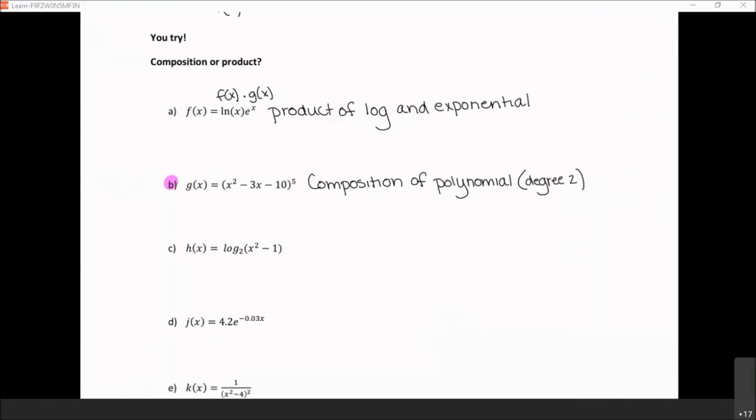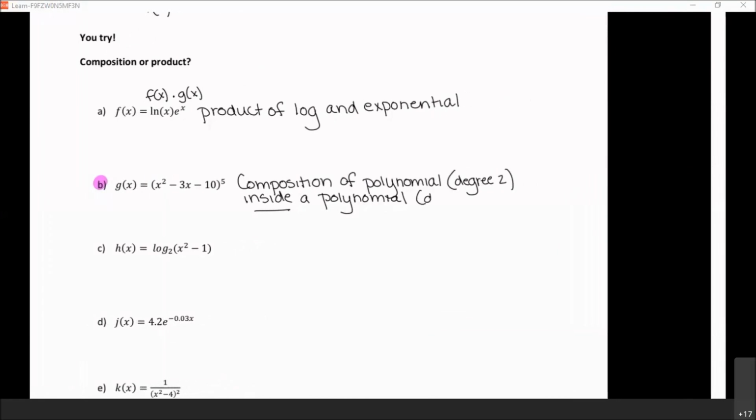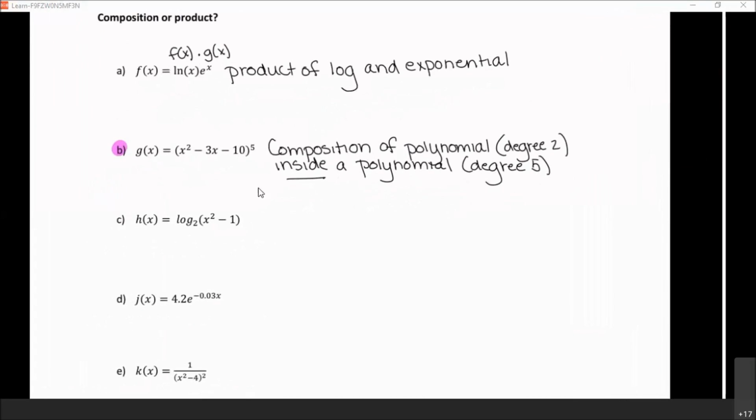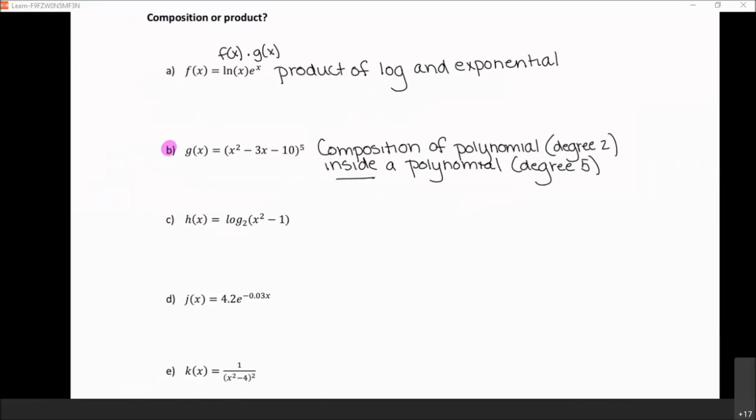inside a polynomial, degree 5. So the inner function, the first function to get x, in other words, if I start putting values inside of g, the first function that's going to get those values is this quadratic in here.